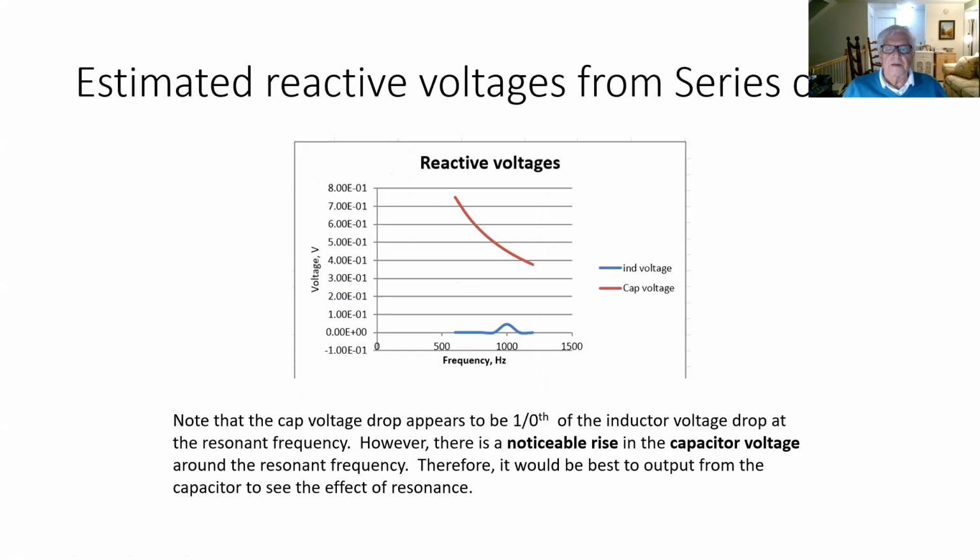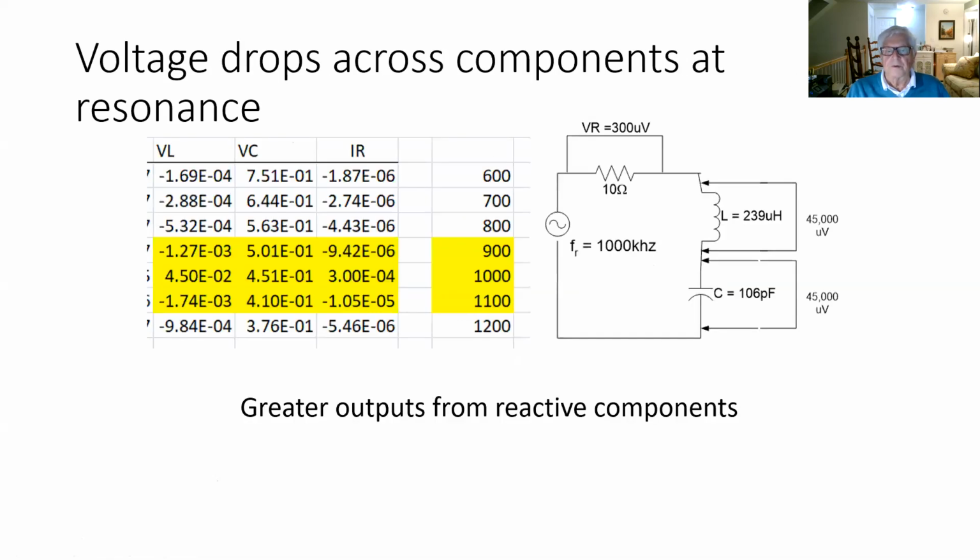If we look at the actual voltages around the 1,000 kilohertz range, we notice that there's a little lump on the inductive voltage, which is an increase in the inductive voltage, and that shows you that that's where we want to operate, because that'll give us an amplification of the input.